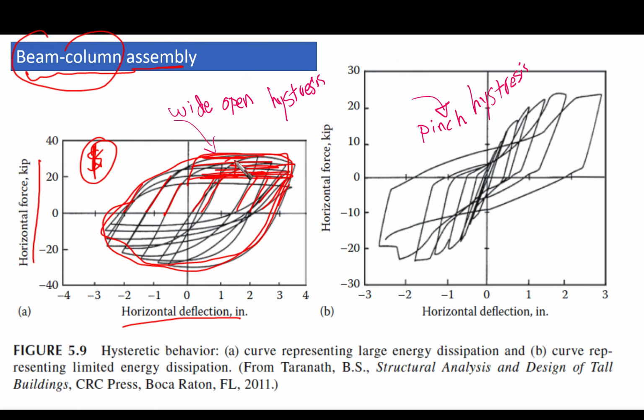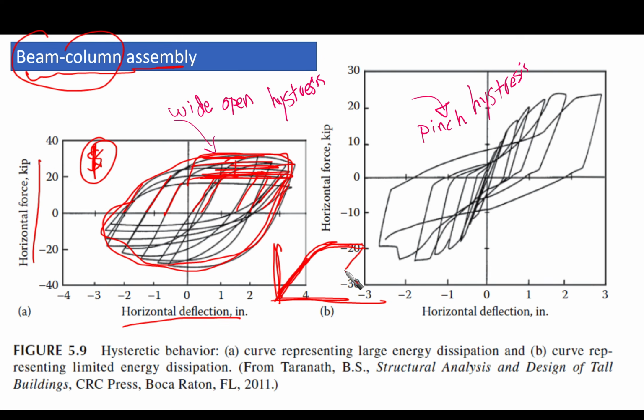The area inside is the area dissipated, because whenever we have an inelastic system, for example, the system goes like this, and then whenever it yields or has some kind of nonlinearity, the path of the return is different from the path of the loading.